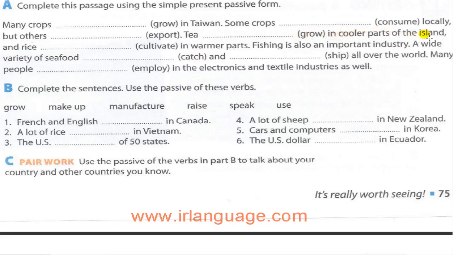And rice is cultivated. Rice is cultivated in warmer parts. Fishing is also an important industry. A wide variety of seafood is caught. Catch, caught, caught. The past participle, caught.